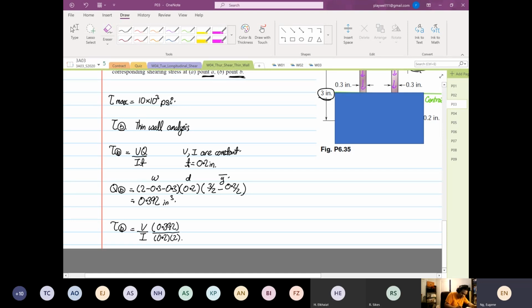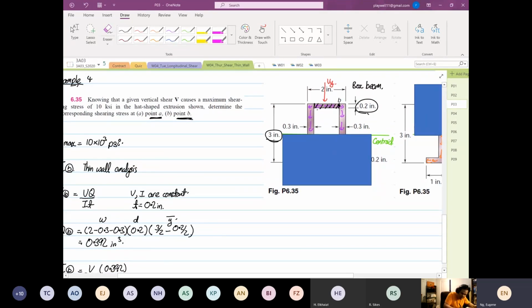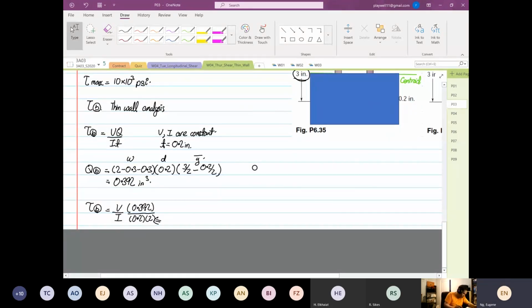And then you have to do a 2 down here. Why 2? Because one arrow goes towards the left, the other arrow goes towards the right. Okay, so you have to do the 2 over there, right? So this will be equal to 0.392 divided by 0.2 divided by 2, which is equal to 0.98 V over I. Okay, so this is the shear stress at point B.